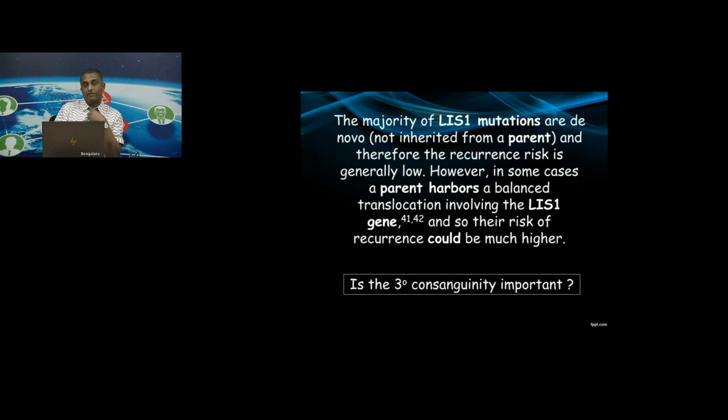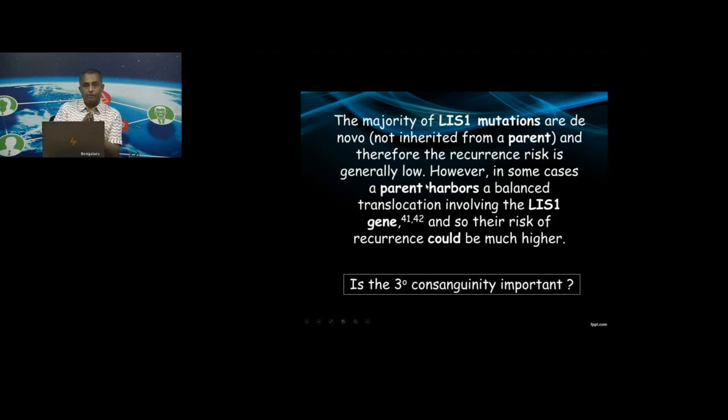But here, I have told you that the parents are normal. None of them have any brain problem, least of all a lissencephaly problem. And therefore, where did this lissencephaly gene find its way in, in an autosomal dominant form? The answer is, the majority of LIS1 mutations are de novo. That means they are not inherited from a parent, and therefore the recurrence is generally low.